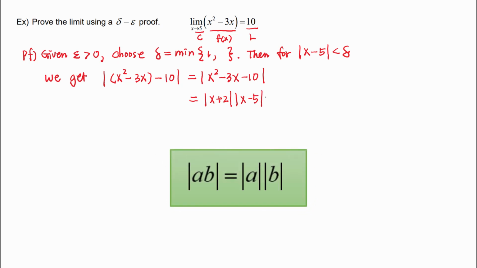And because they're a product, you can split the product using absolute value as we learned.